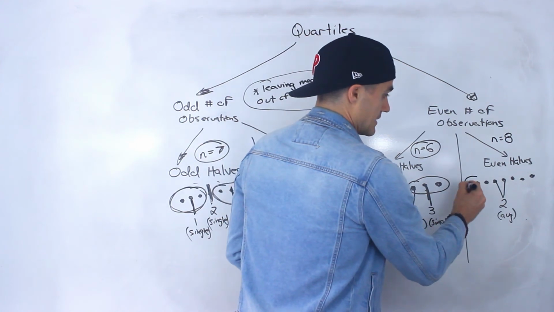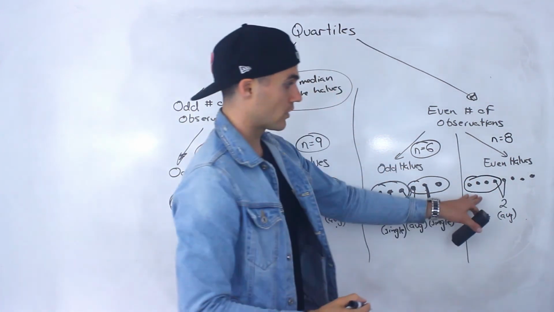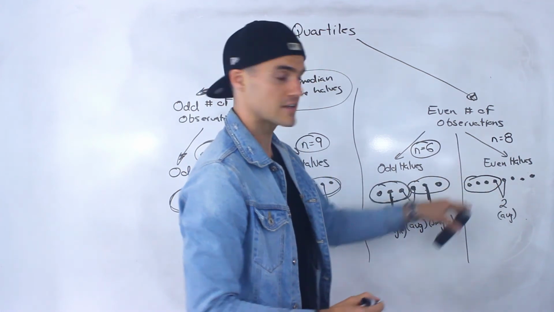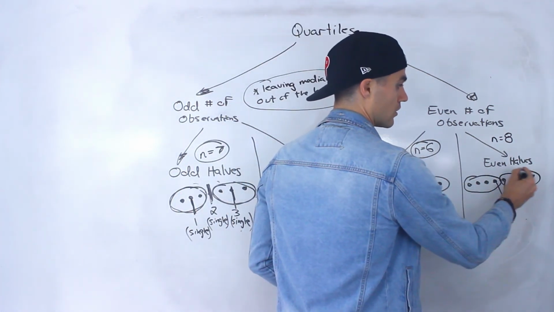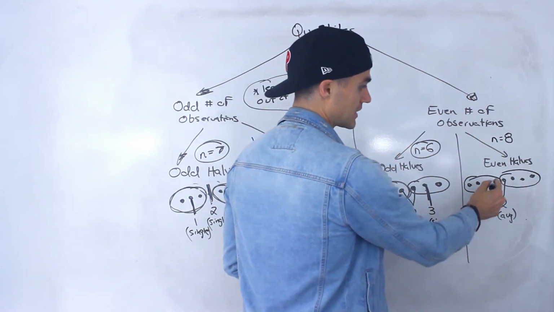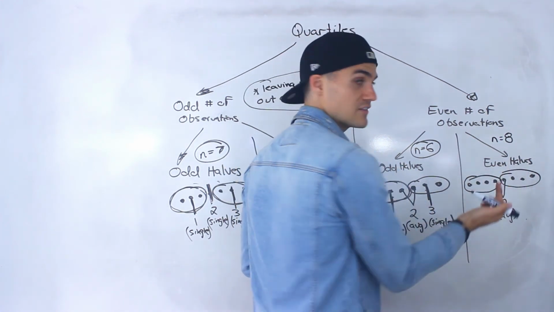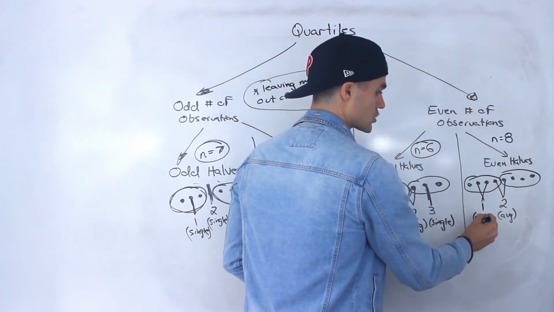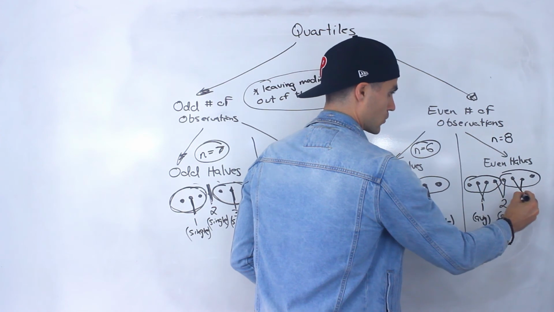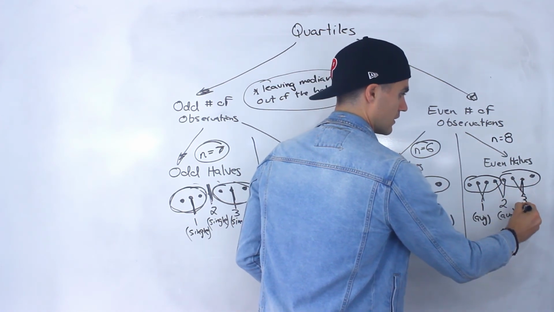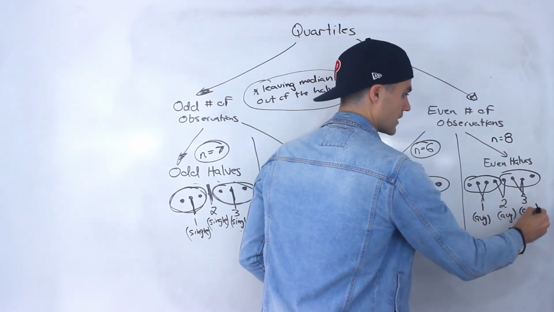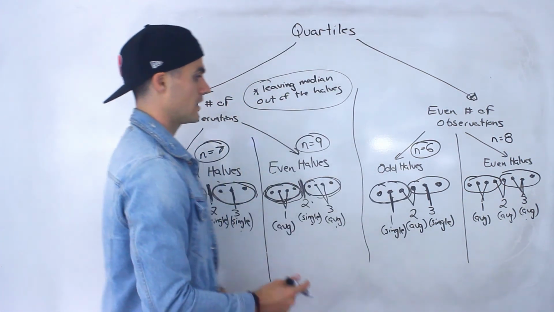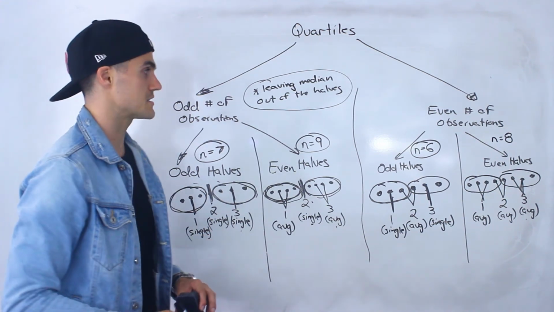But notice that in this case, there are 4 observations in that first half of the data, and then 4 observations in that second half of the data. And because it's even and even, right, even halves, that first quartile is going to be an average, and then that third quartile is going to be an average as well. Versus here, they were single because it was odd and odd. Right? So these are the 4 different cases that can come up.